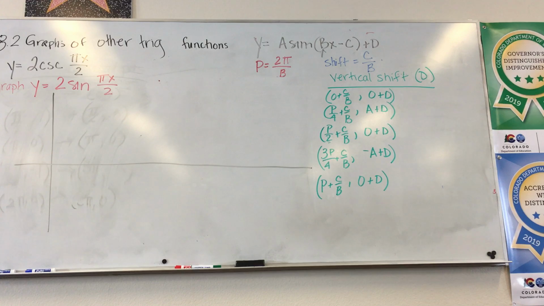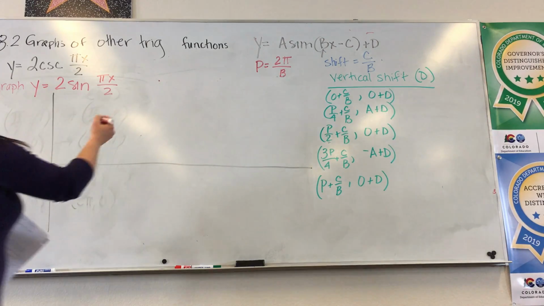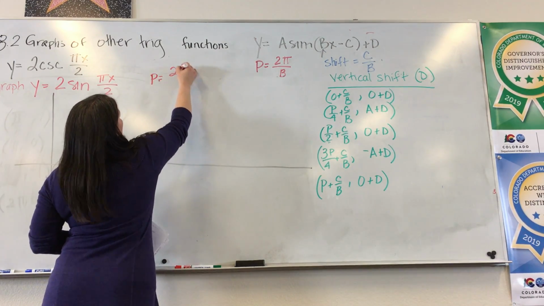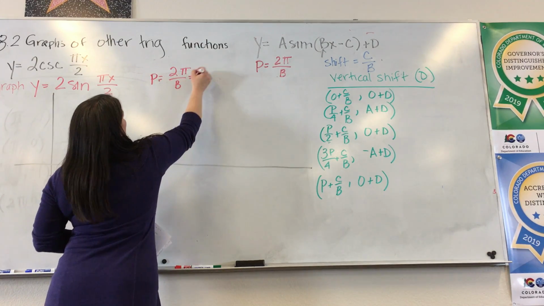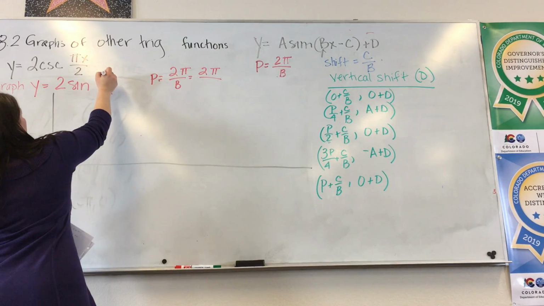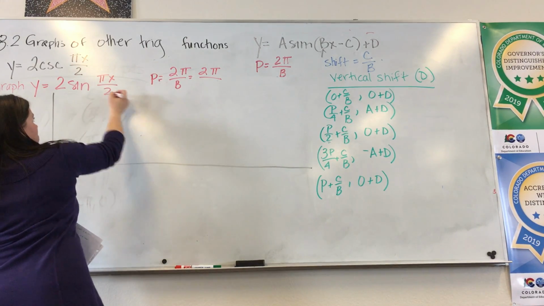So here's my graph. The first thing I'm gonna do before I even make the tick marks on my graph is figure out what the period is. So the period is 2 pi over b, which is 2 pi over pi halves, right?